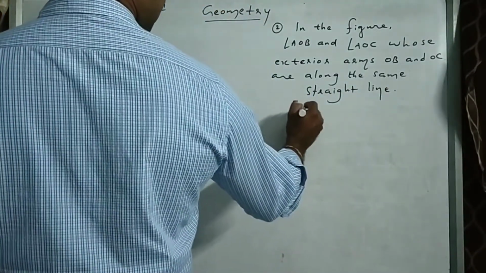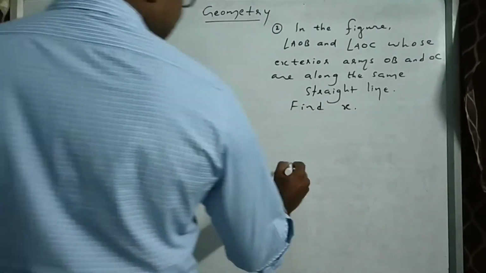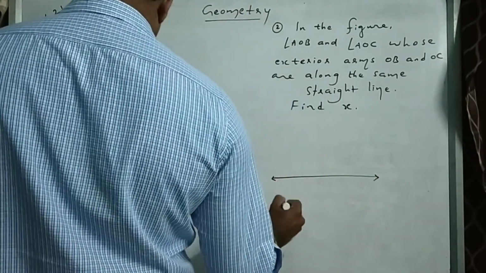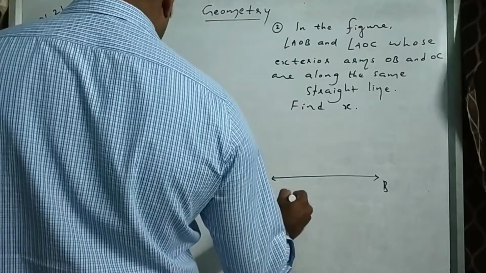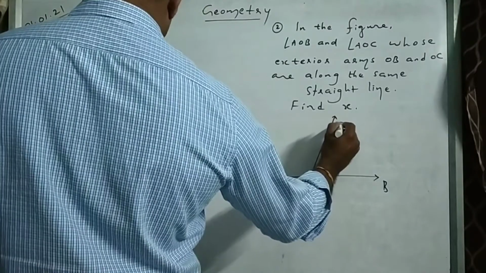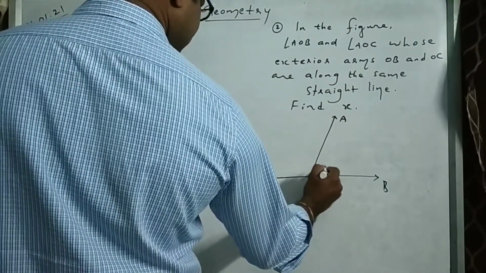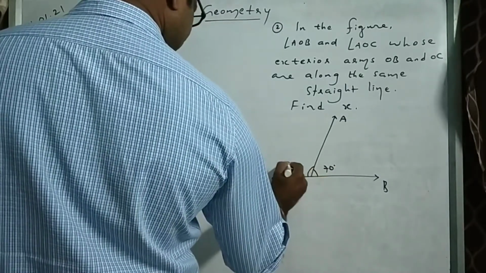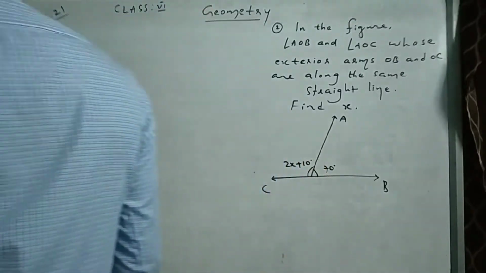Find x. Look at this figure. This is 70, and this is 2x plus 10. Okay.